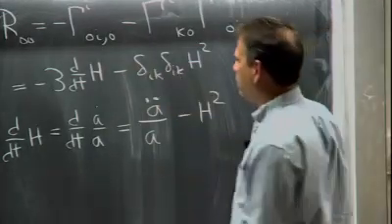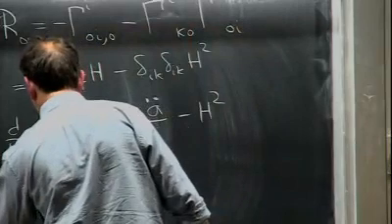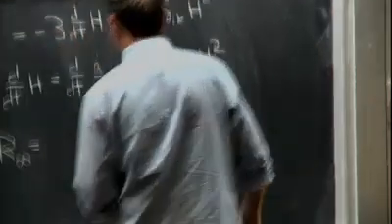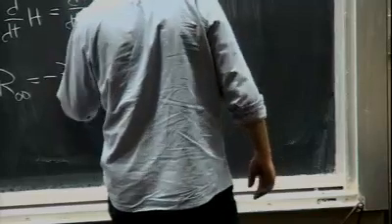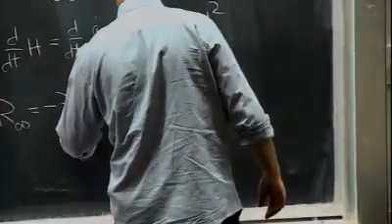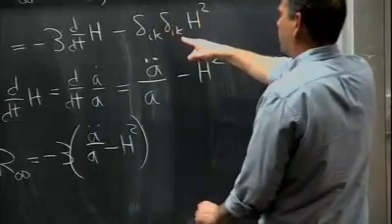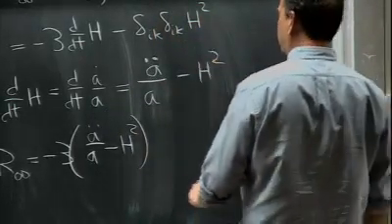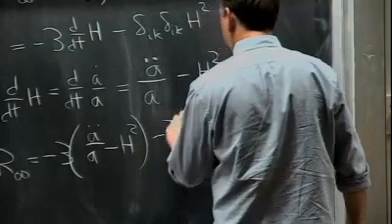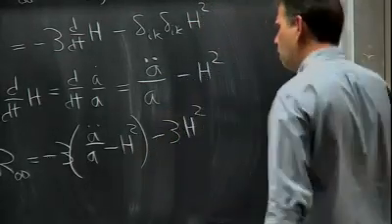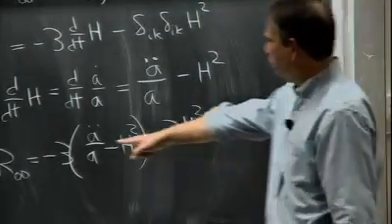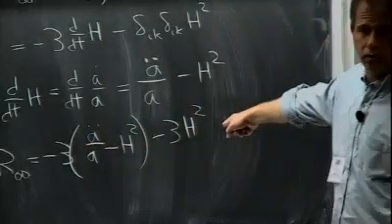Let's plug this in to get r0, 0 is equal to minus 3 times a double dot over a minus h squared. And then I think this is a minus sign. Minus 3h squared. So this h squared cancels that 3h squared.